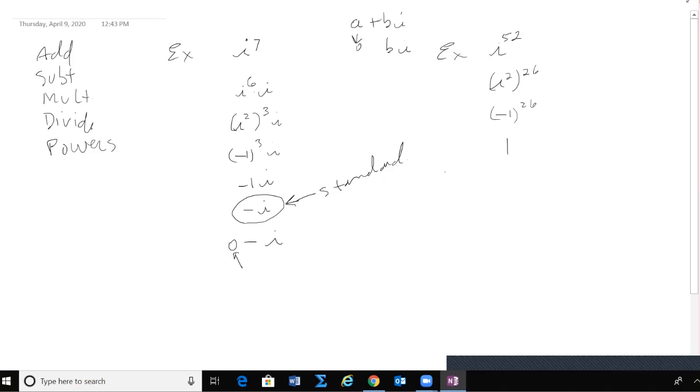Okay, and let's say I have this thing, i to the negative 5th power. Get that in standard form. Well, again, the negative, we'll work on that negative like so. It's i to the 5th in the denominator.